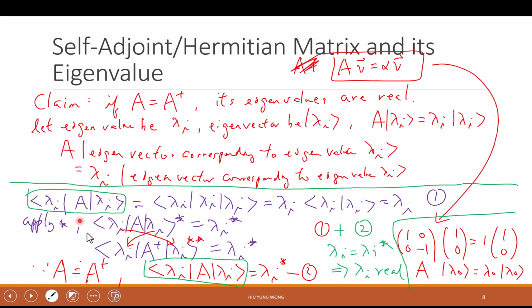You can do the first part first or the second part, but after all, this is a bra of lambda I times a matrix times the ket of lambda I. Now, I do the second part first. What is A times lambda I? Based on what I just told you, A times ket lambda I equals lambda I times ket lambda I, because this is its eigenvector. That's why I put lambda I here.